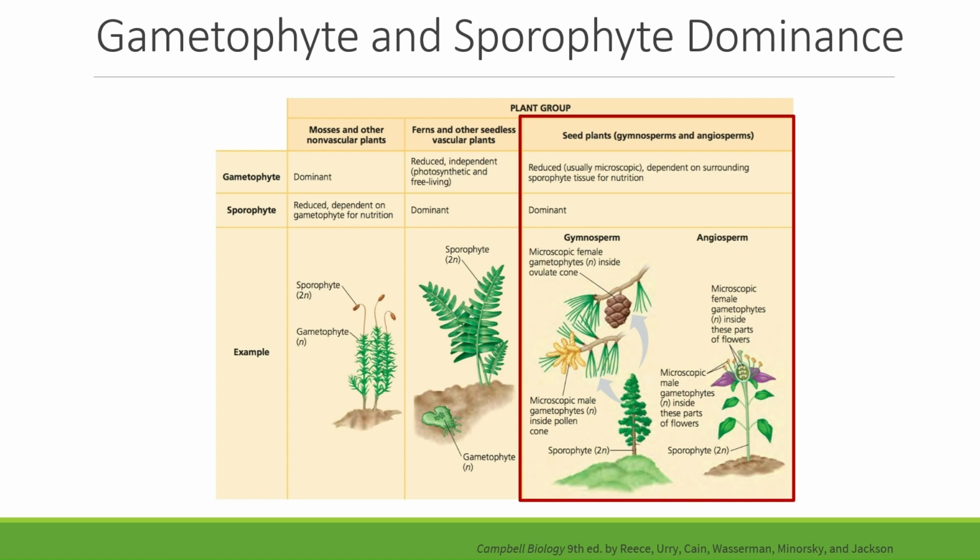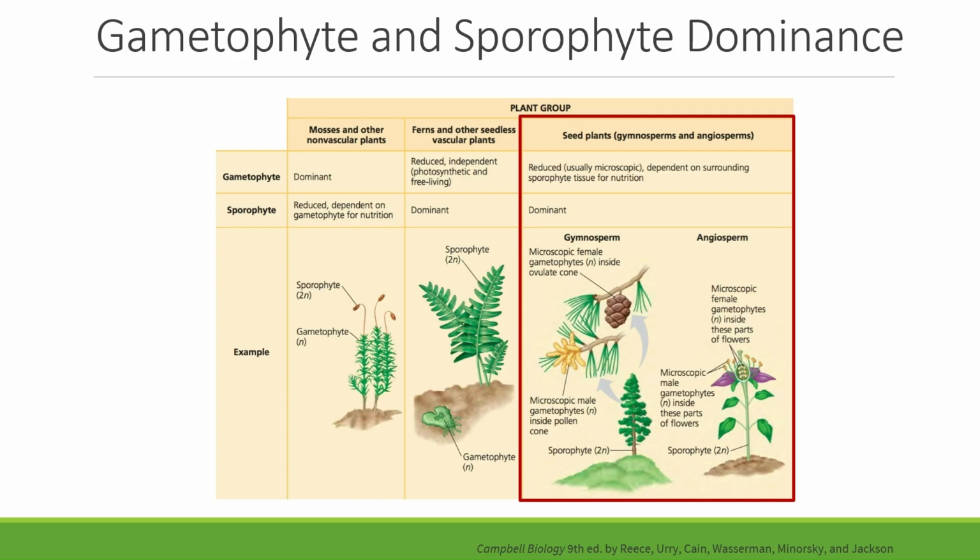This figure lists plant groups based on their adaptations. We covered this in more detail in our last presentation, but mosses and other non-vascular plants, ferns and other seedless vascular plants, and lastly the seed plants, all of which are vascular, are highlighted here. Highlighted within the red box are the seed plants.